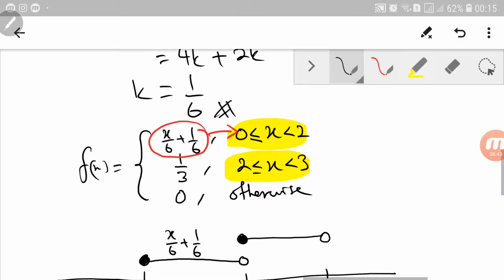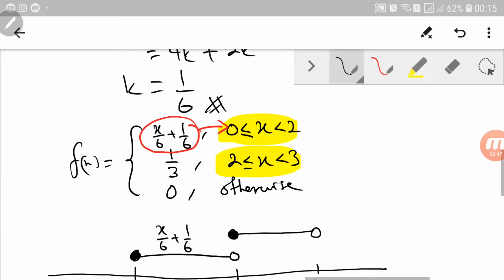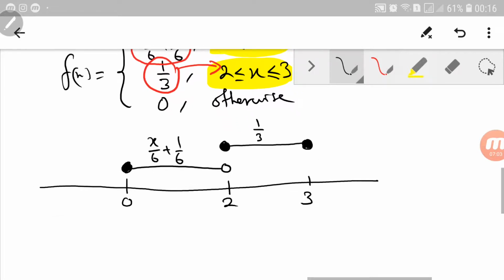I think 3 is included, isn't it? Oh, my bad, it's included. Sorry. So it's a filled circle here as well, while the function being 1 over 3.